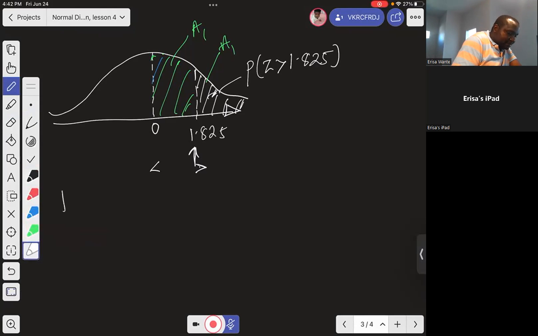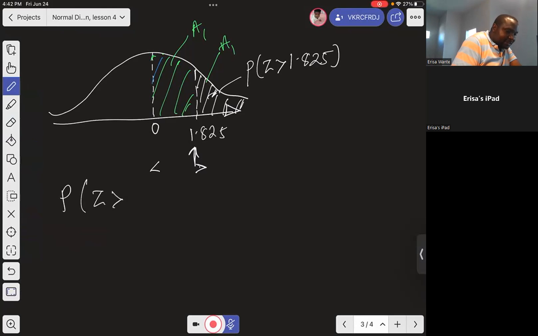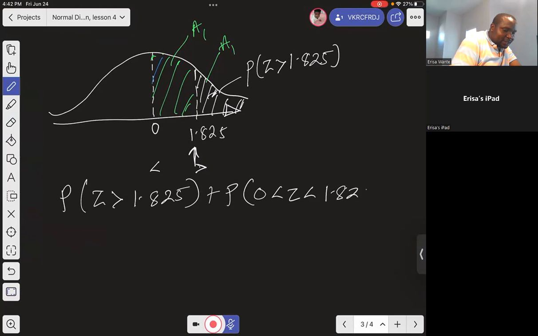The probability that Z is more than 1.825 plus the probability that 0 is less than Z is less than 1.825 is equal to 0.5. It makes 1/2.